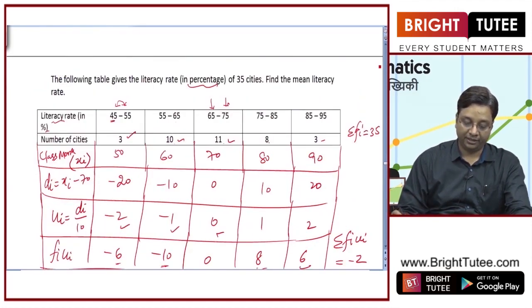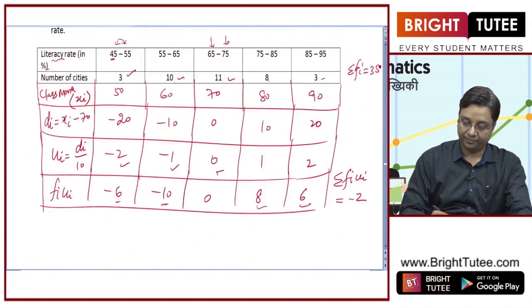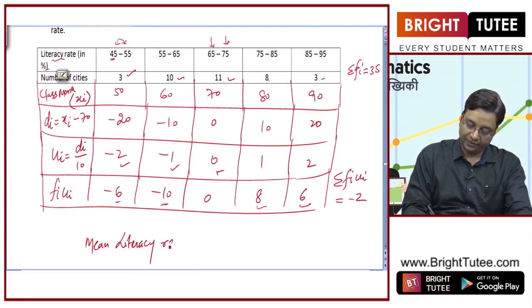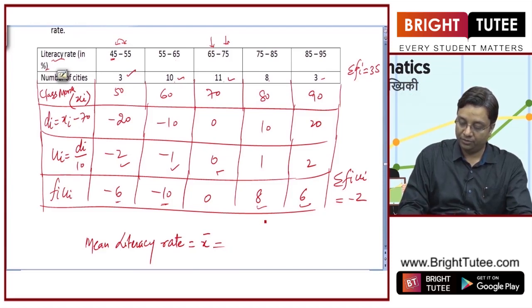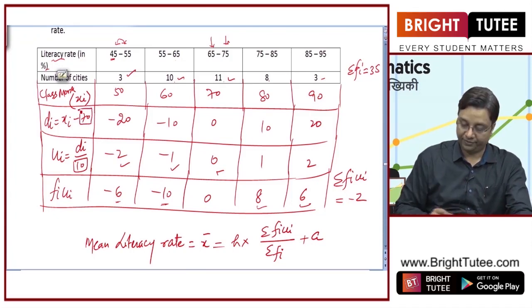Hence, the mean literacy rate or x bar in this case will be equal to h into sigma fi ui divided by sigma fi plus a. h we had taken as 10 and a was 70.